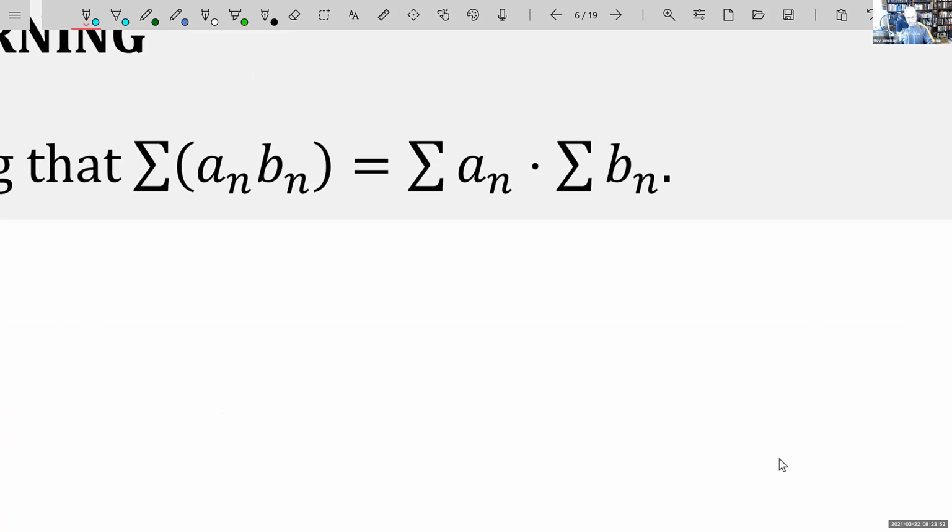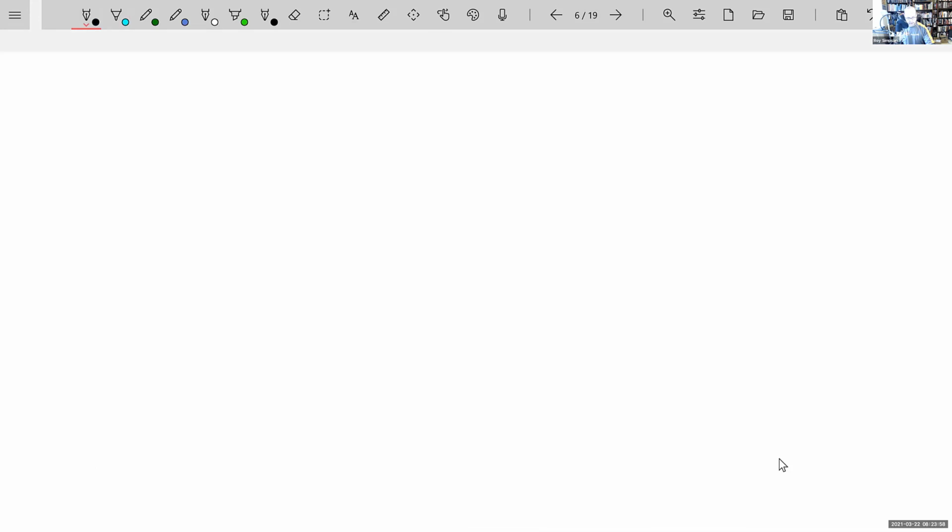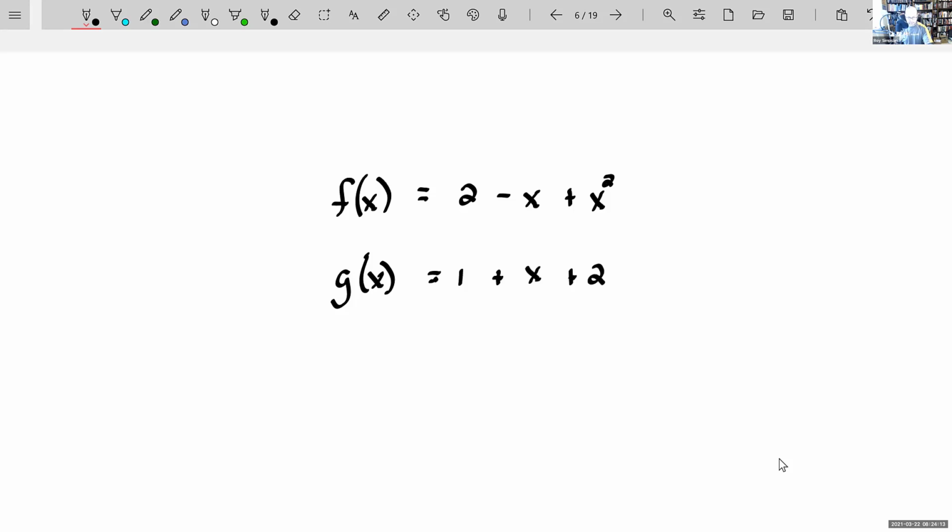Let me get a better pen. Take a polynomial example. f of x versus g of x, right? If you were to say f of x is 2 minus x plus x squared, and g of x is, I don't care, 1 plus x plus 2x squared, right?